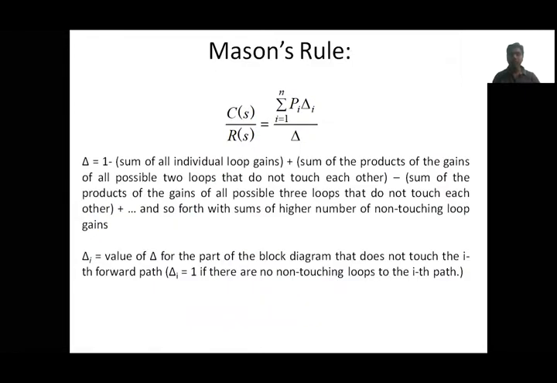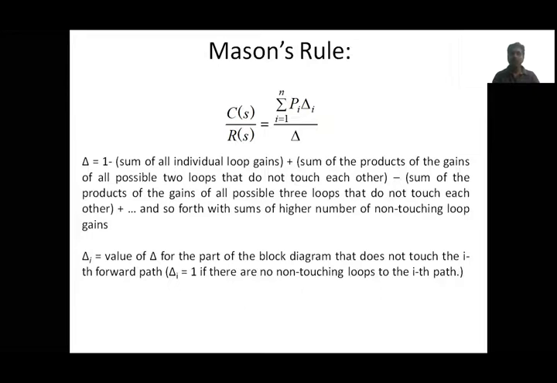Delta is calculated as 1 minus the sum of individual loop gains, plus the sum of the products of gains of two non-touching loops, those products and their summation, then minus the sum of the products of gains of three non-touching loops, plus and so on. So this is the way we calculate the delta value.